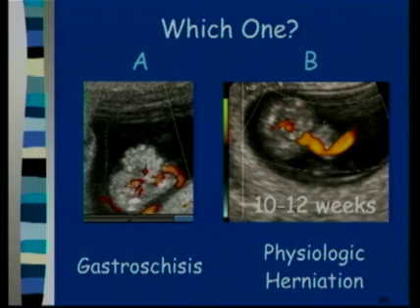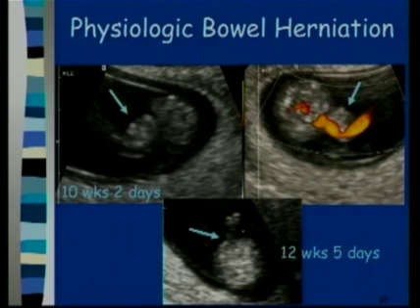So this is the normal bowel that goes out and back in during development. This is bowel that looks sort of finger-like, projections, cauliflower-like, that is not normal. So the patient in B had these pictures of this physiologic herniation at 10 weeks and 2 days.